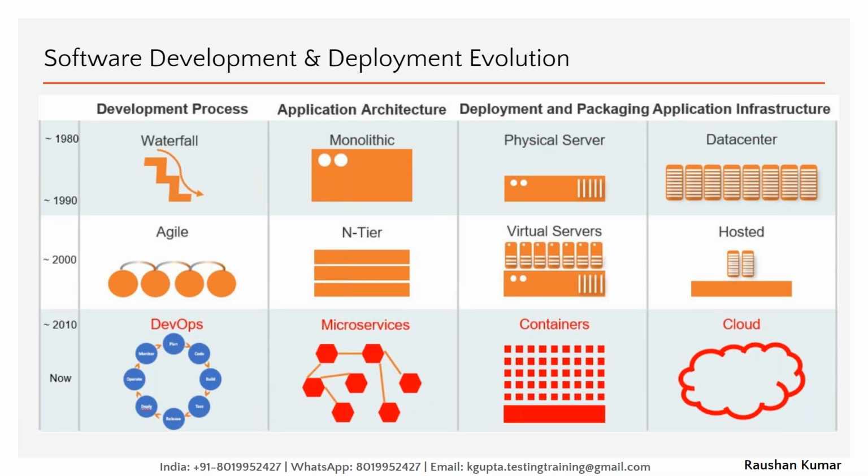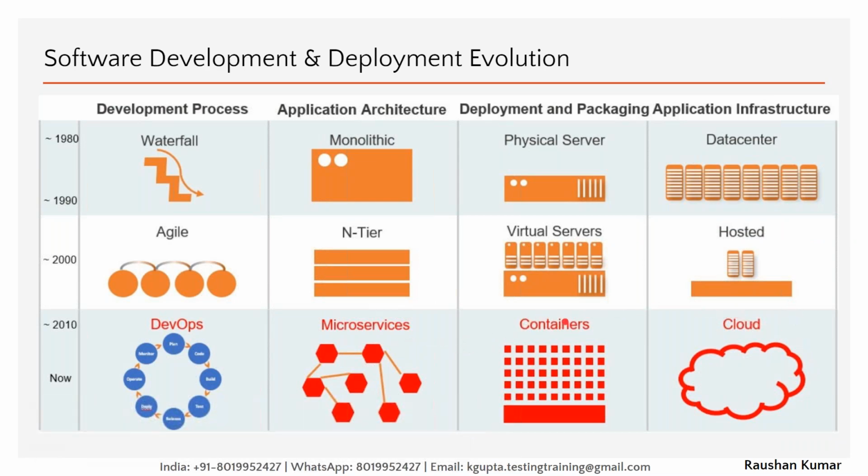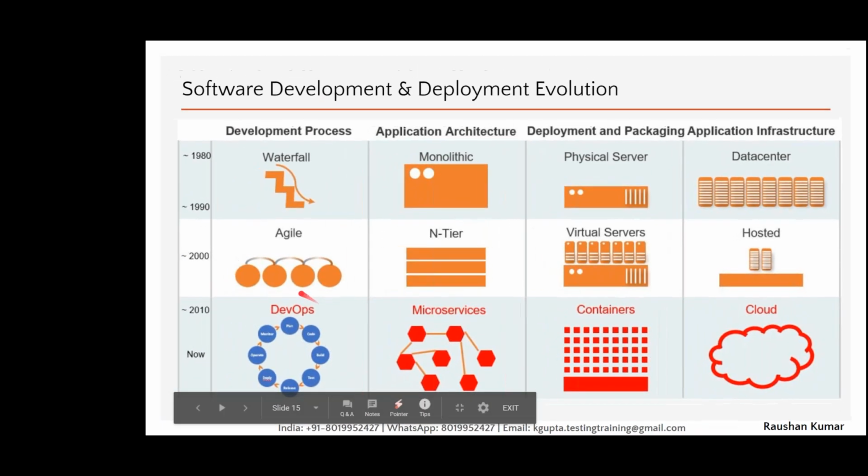Like suppose to create VMs, we needed the virtualization software. If we do not install the virtualization software, we cannot create VMs on the physical servers. Okay, the same thing for the containers as well. So we need a container engine to create containers, and then the DevOps.